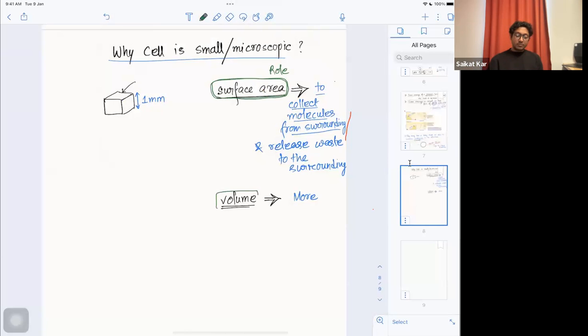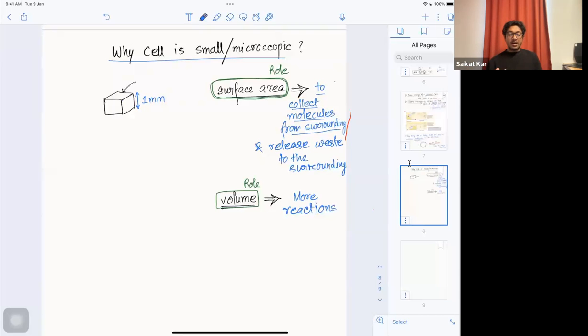What is the role of volume? Volume provides the space where reactions can occur. All the cellular reactions, which we call metabolic reactions, can occur there. Now, if the volume increases, the cell should perform more reactions, because to maintain the whole volume it needs more materials.